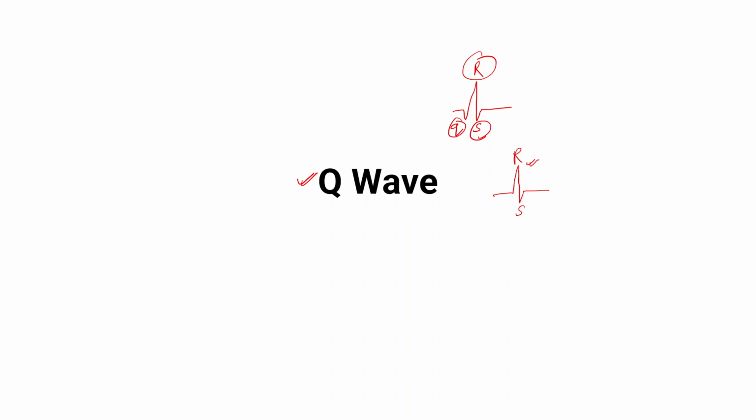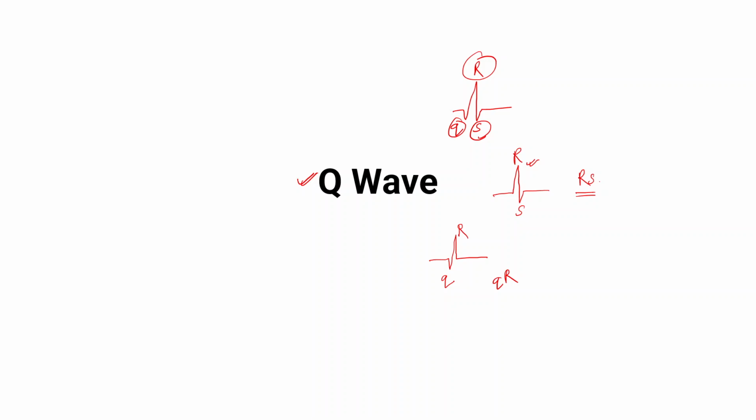This QRS complex is known as an RS complex; there is no Q wave here. Similarly, you see this: the first negative wave is of course Q, followed by the positive R wave, but there is no S wave, so this is known as a QR complex. I hope it is clear.